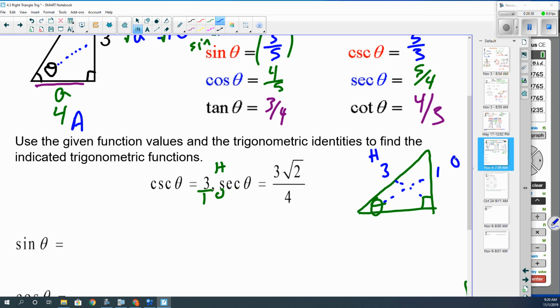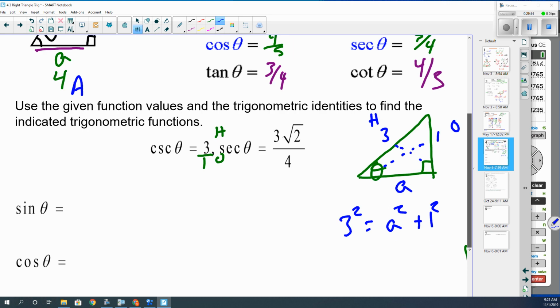So secant was the reciprocal of cosine. Before I do that, let me do this side right here. I'm just going to base it all off of the first one. So if I did the Pythagorean theorem to get my third side, just call it a, I would do 3 squared equals a squared plus 1 squared.